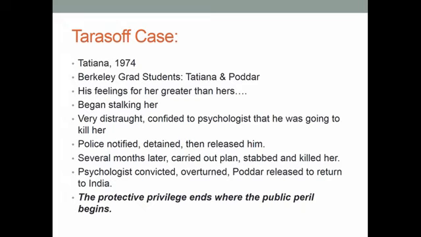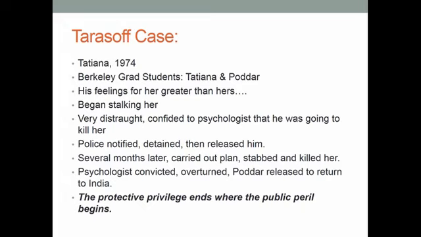He became extremely distraught, and he confided to his psychologist that he was going to kill her. The psychologist notified the police. Mr. Poddar was detained, and then he was released by the police after questioning. Actually, Tatiana was not in the country at the time.